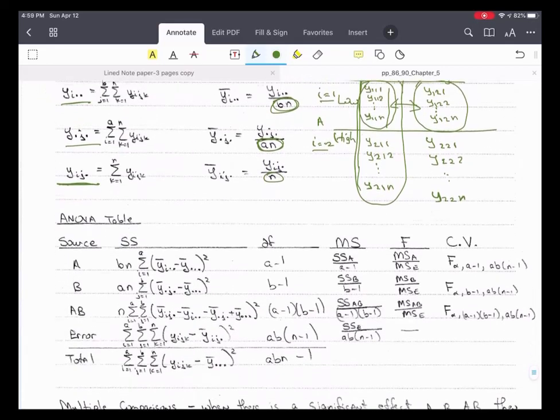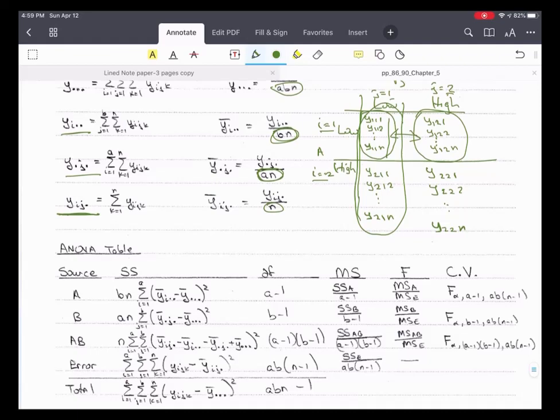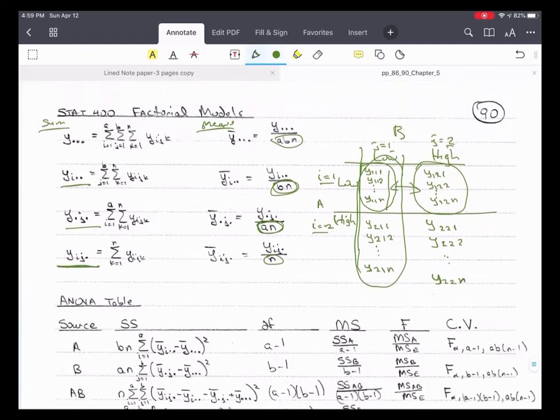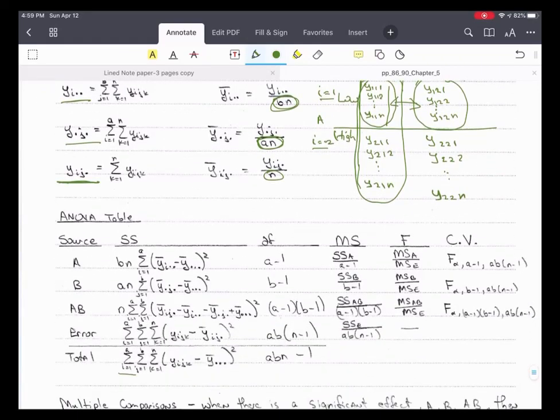So let's look at our ANOVA table. Again, just like in every other model, we can break down the total sums of squares, and we can break it down into different components. We can break it down for factor A, for factor B, the interaction, and the remainder, which is the error. Okay?